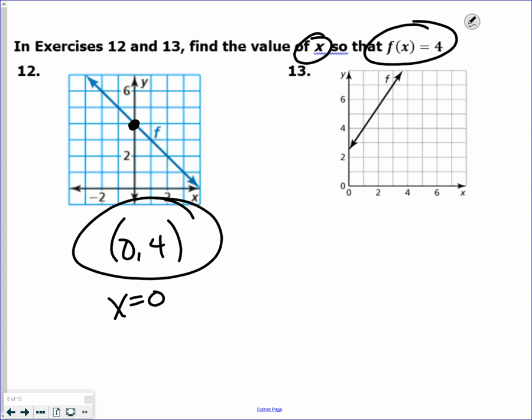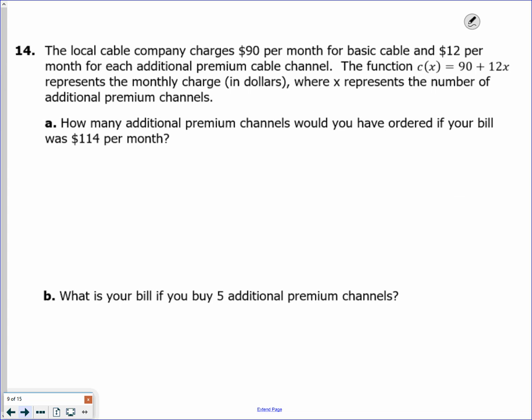Okay, but what value of x do you have when f of x is 4? So go over to the next one and go up to 4 and go over. It's on the graph, and you're looking at the point 1, 4, or x equals 1 when the f of x is 4. So again, it all depends on what you're given. Are you given the x, or are you given the y and having to find the x?